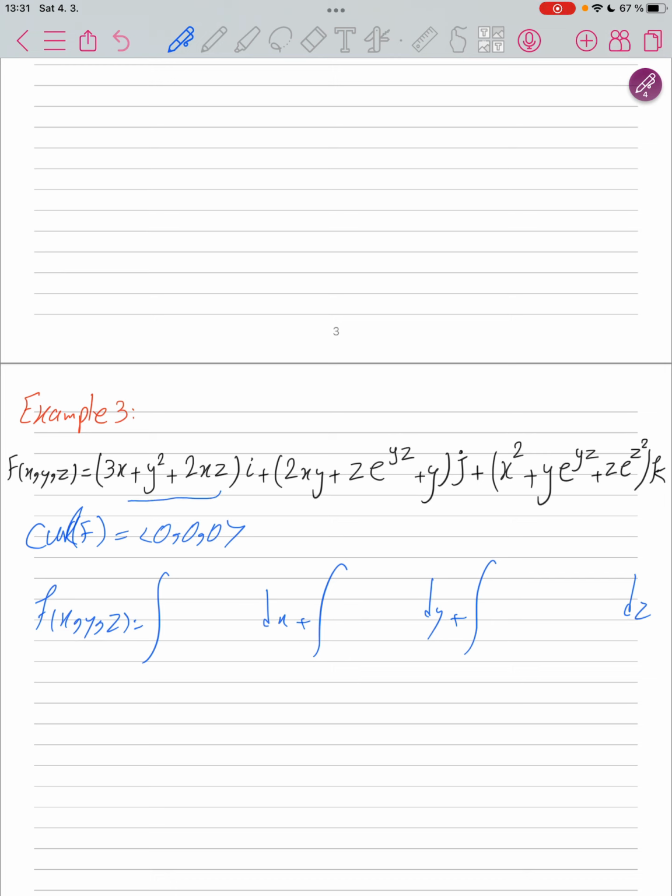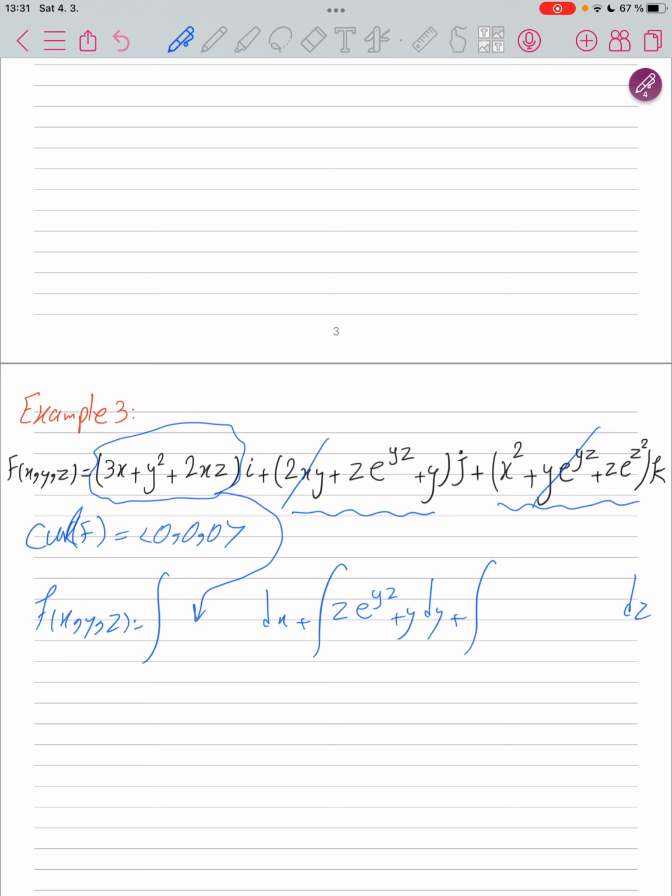Okay, put the i component here, right? Then now just ignore all the terms which contain x, therefore just ignore this. Therefore here you have z e to the yz plus y, and now here just ignore all the elements with x or y.